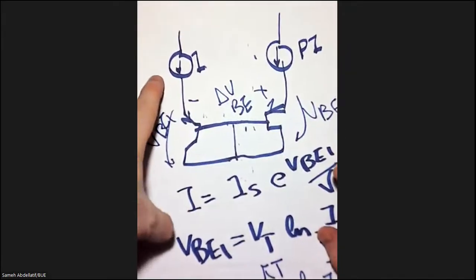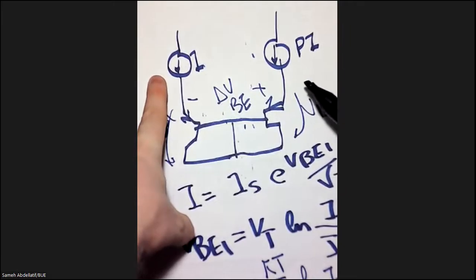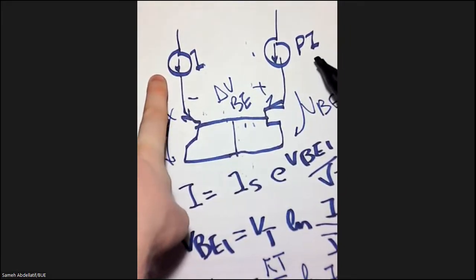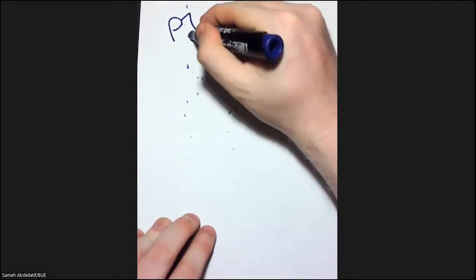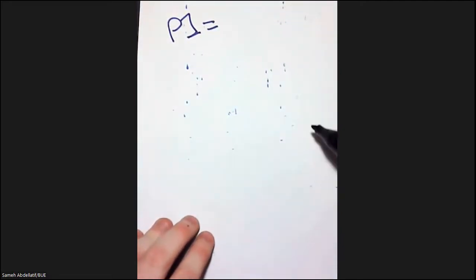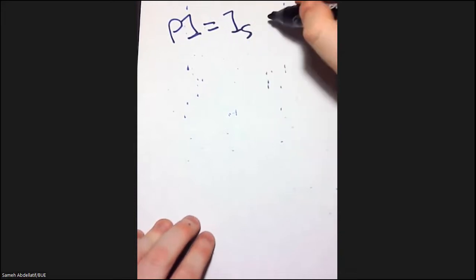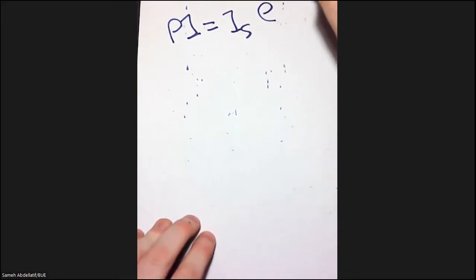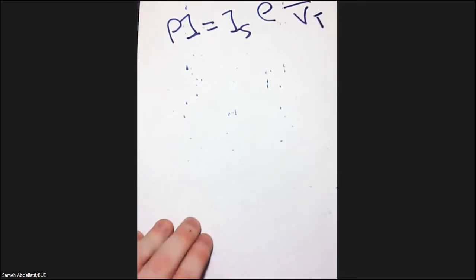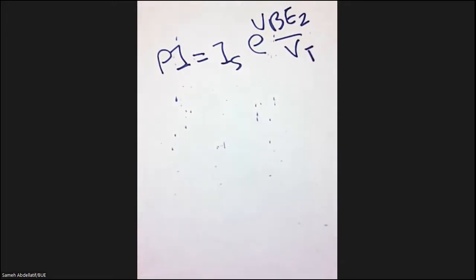Please remember, let me use the previous slide, that in the second transistor, the one on the right, the current flowing in the transistor is P times I, not only I. So in this case, P times I equals IS exponential e to the power VPE2 over VT.